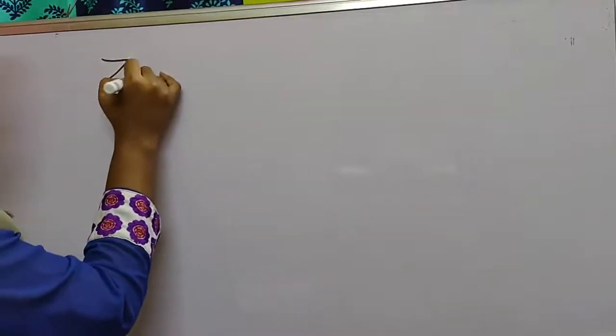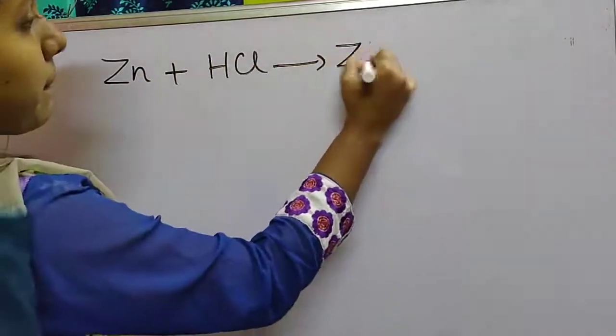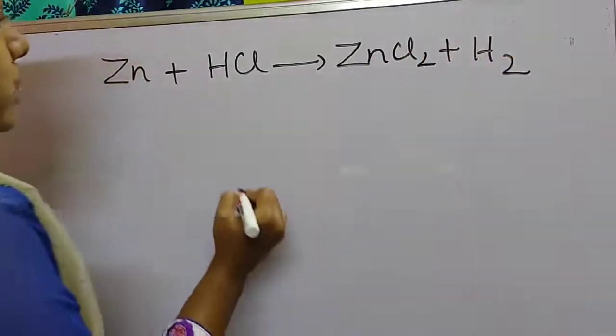Suppose I am first writing a reaction, Zn plus HCl. From there we are getting ZnCl2 plus hydrogen.